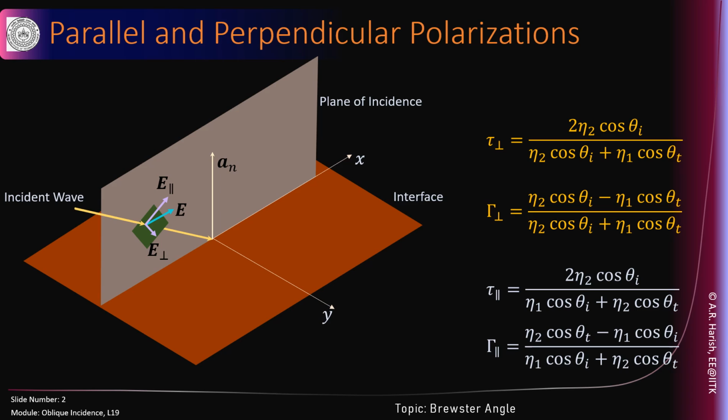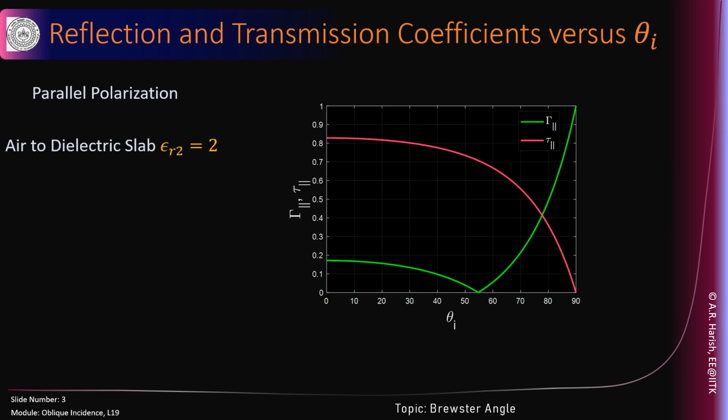Now we will see these equations a little more closely, taking some examples. Let's take the situation when the wave is incident from air onto a dielectric slab of relative permittivity 2.